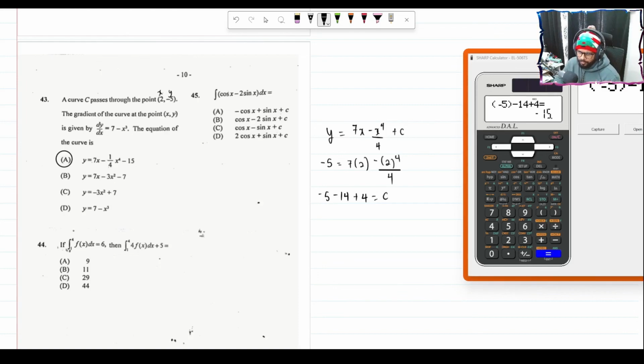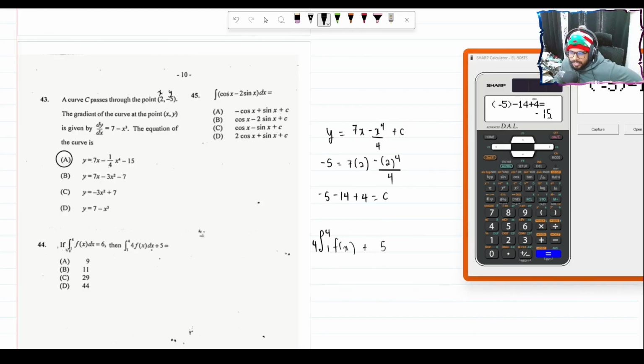If the integral between 4 and 1 of f of x is equal to 6, then the integral between 4 and 1 of 4 times f of x plus 5, okay, cool. So I could break this up here, right? This is the integral between 4 and 1 of 4 f of x, plus 5. Now, very, very tempting to put the integral between 4 and 1 of 5.